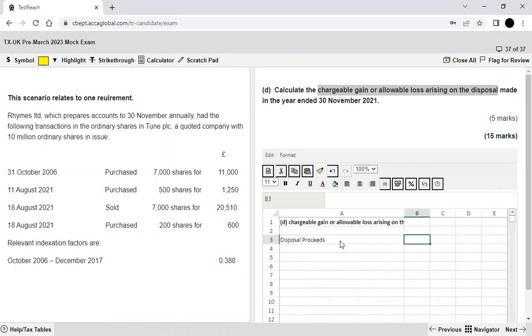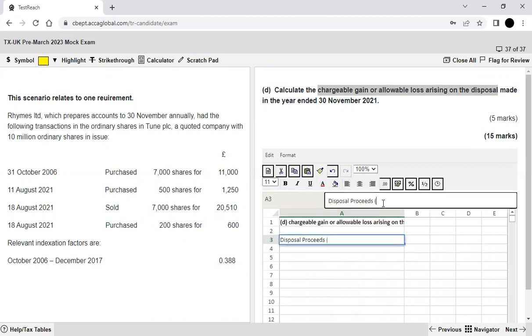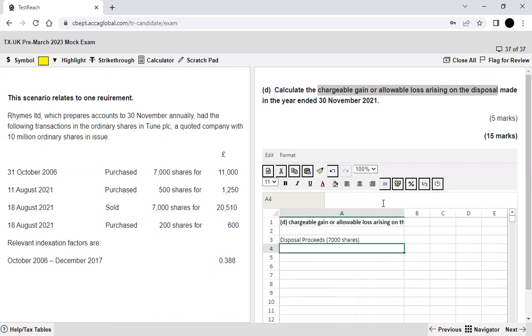Disposal proceeds. 7,000 shares are sold for an amount of 20510, right? Cost will be calculated with reference to the matching principle, and then we would be having the gain.